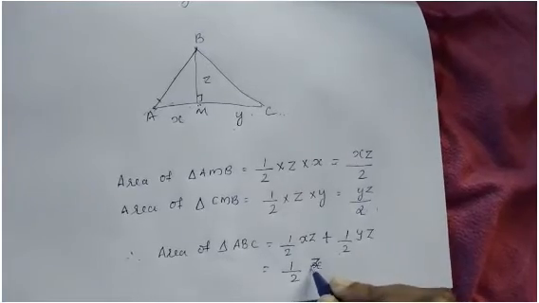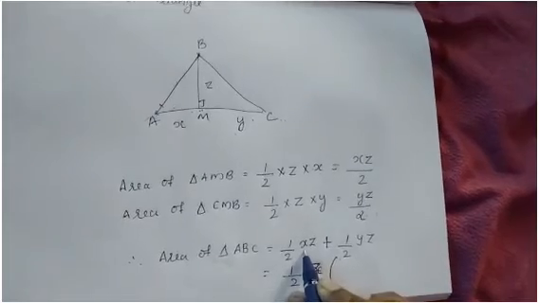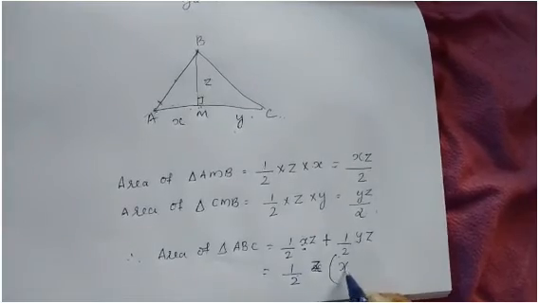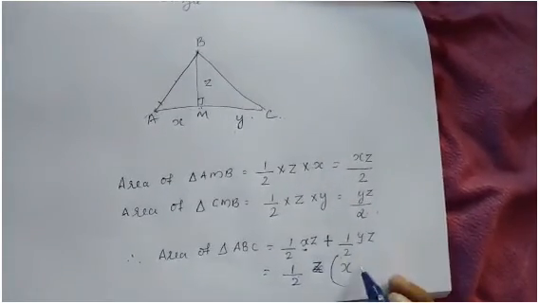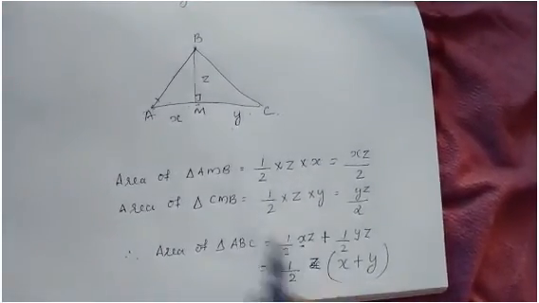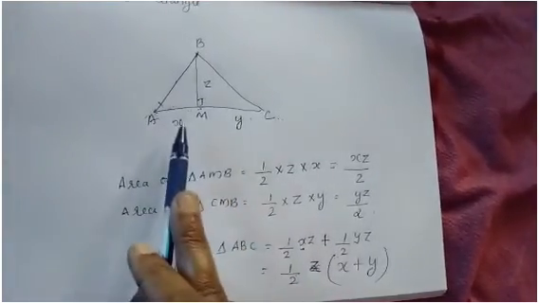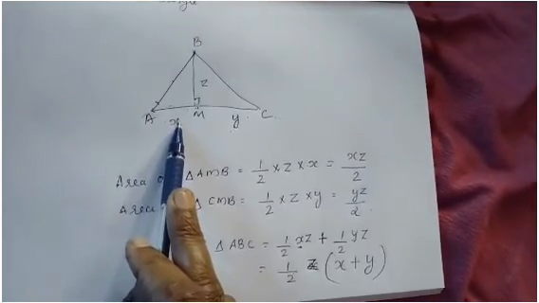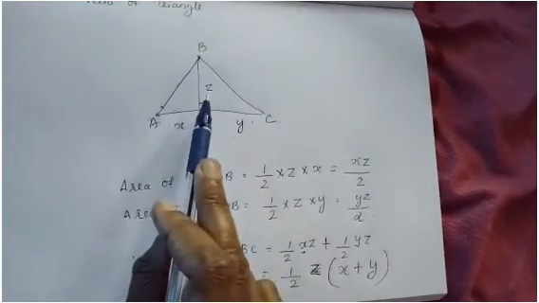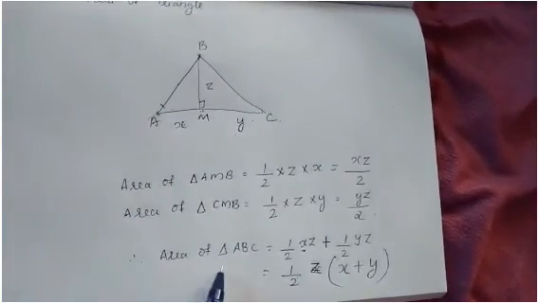Half z we take out. Then there is only x here. Then the relation is addition. Then the remaining part here is y. That is, half of the product of the perpendicular distance and the sum of the bases is the area of a triangle.